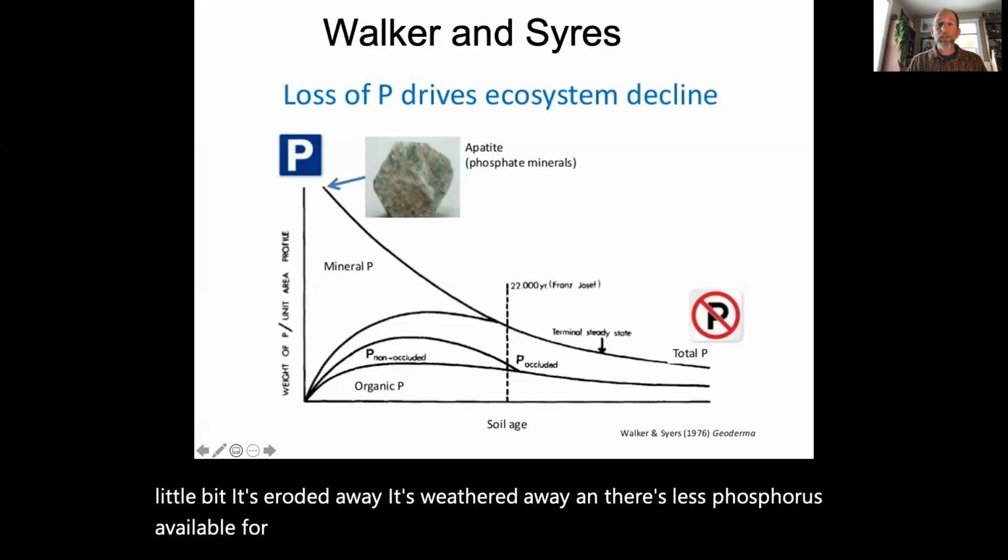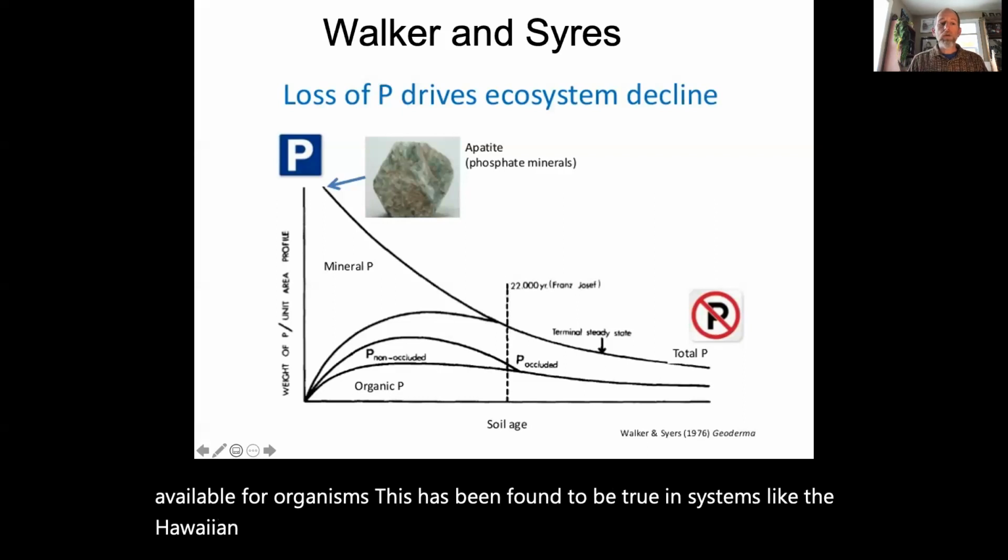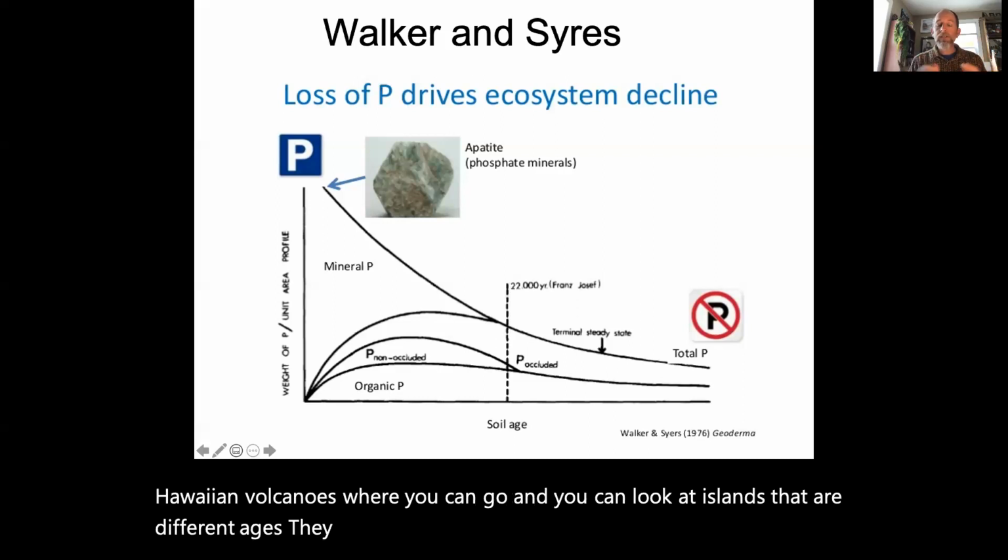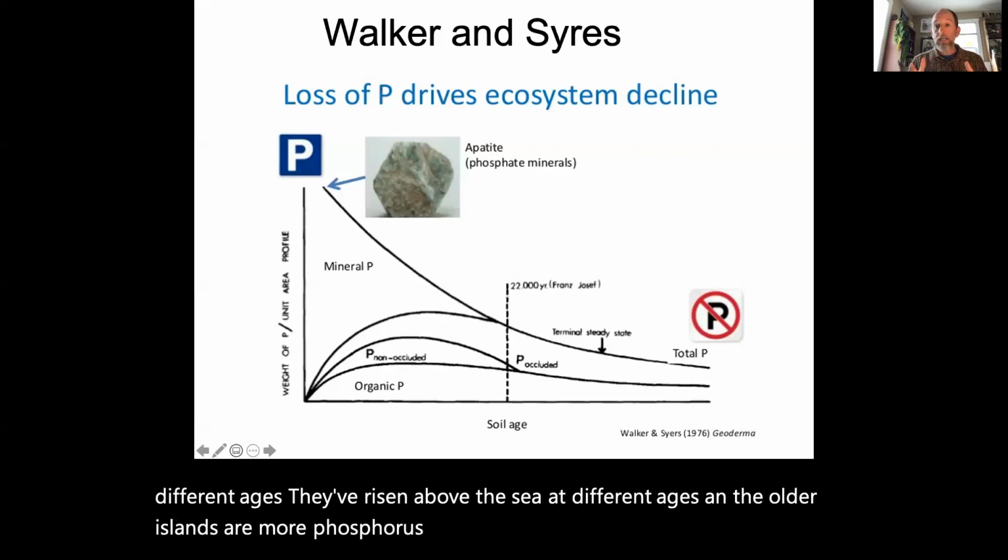This has been found to be true in systems like the Hawaiian volcanoes, where you can look at islands that are different ages. They've risen above the sea at different ages, and the older islands are more phosphorus limited than the young islands.